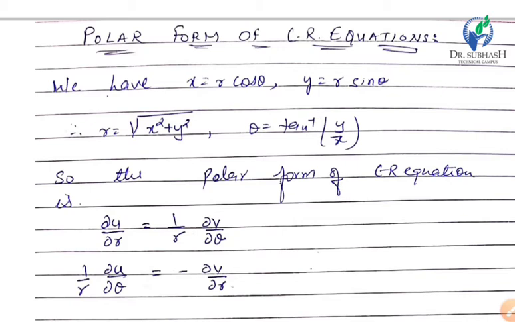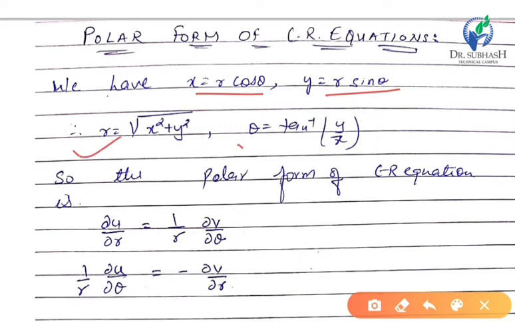Now let us discuss the polar form of CR equation and its example. Now see, we already know that x equal to r cos theta and y equal to r sin theta. We have also learned the formula for r and theta.